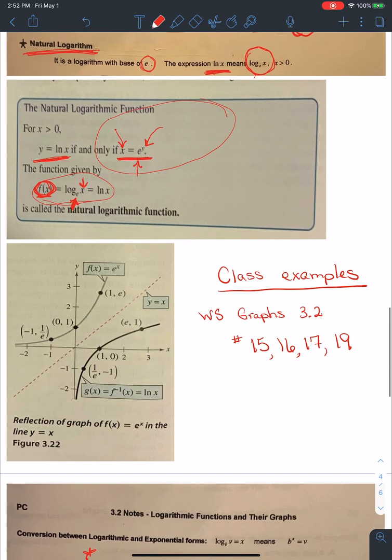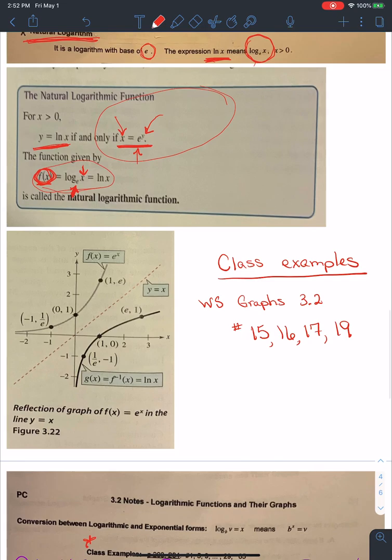This is the picture if you needed to see the pretty version instead of my rough sketched reflections. This is our e to the x basic shape, and this guy is our logarithmic basic shape.